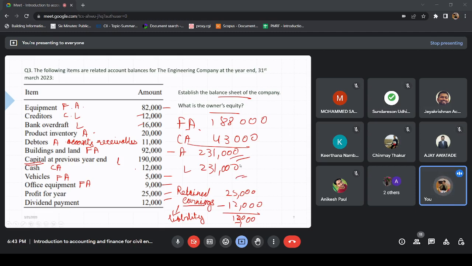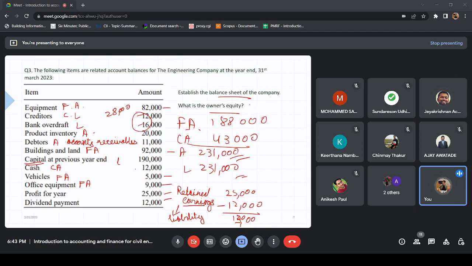Now, what about the question, what is the owner's equity? You have got fixed assets, current assets, but in liabilities we didn't do the breakup. If you had to do the breakup in liability, you would have found out that the current liability is only this amount, 28,000. Good. Even your total liability would have been this only, because capital at the end of previous year is going to be a part of your share capital, your capital head.